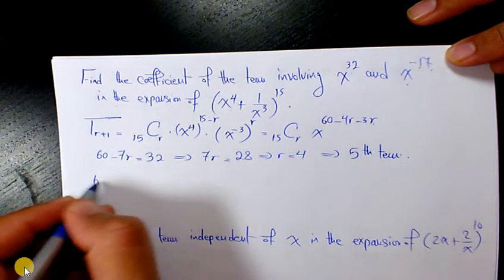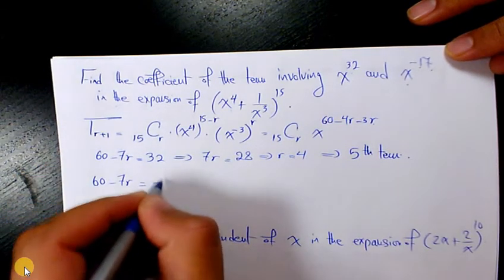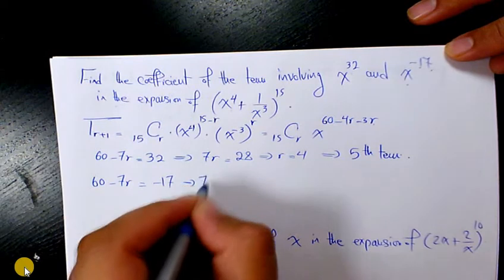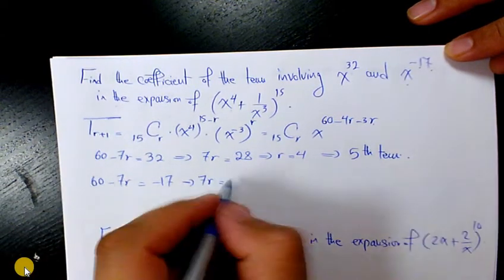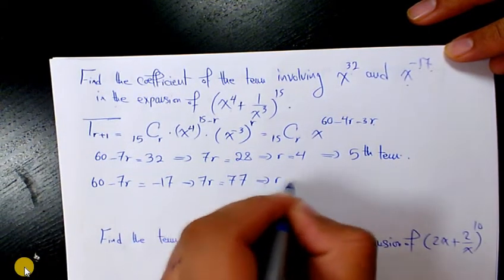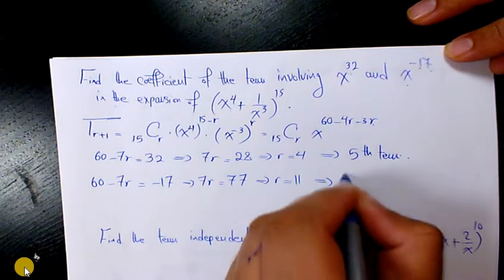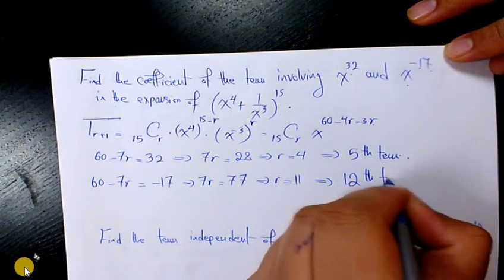And the other one is going to be 60 minus 7r equals negative 17. In that case, 7r equals 77. So r is 11. So it's going to be the 12th term.